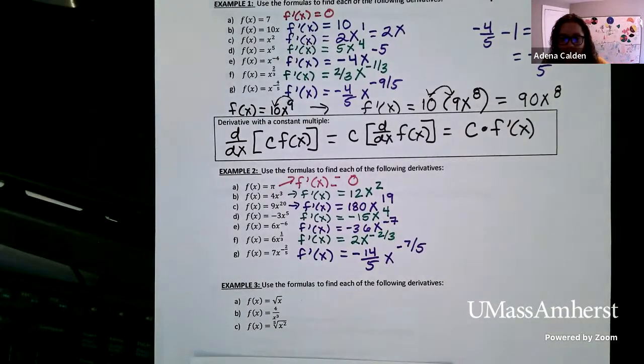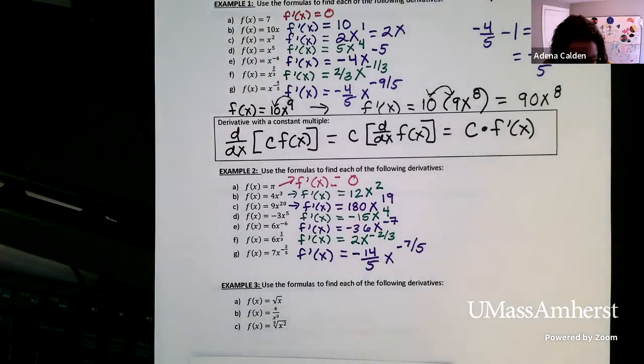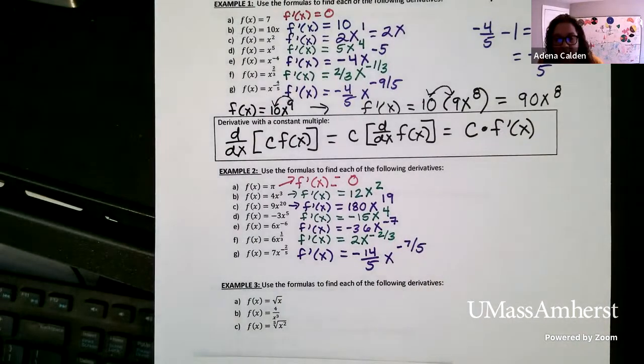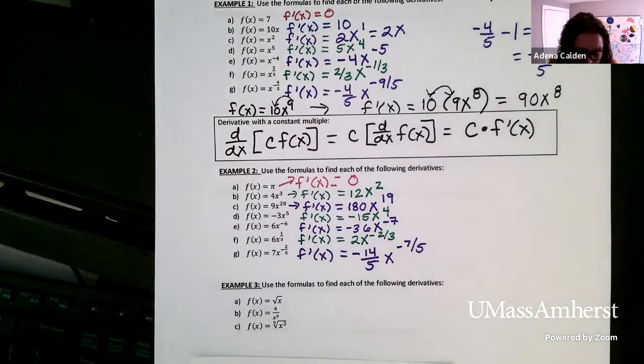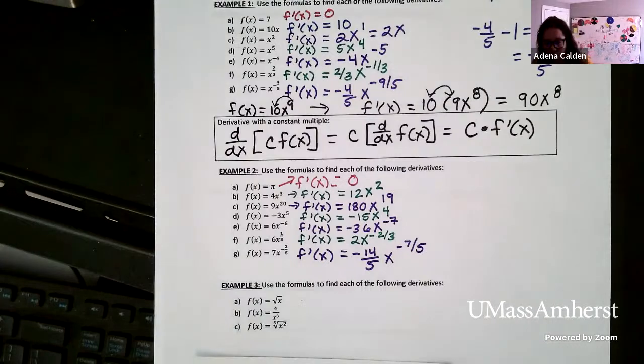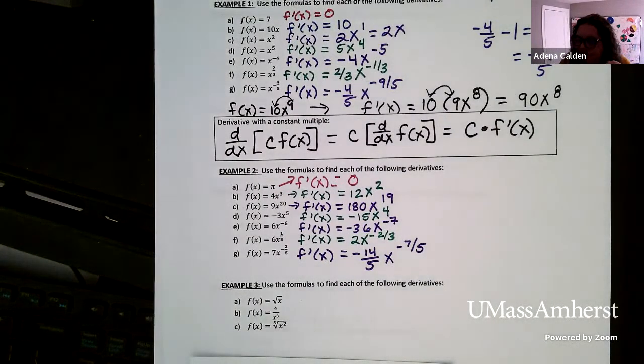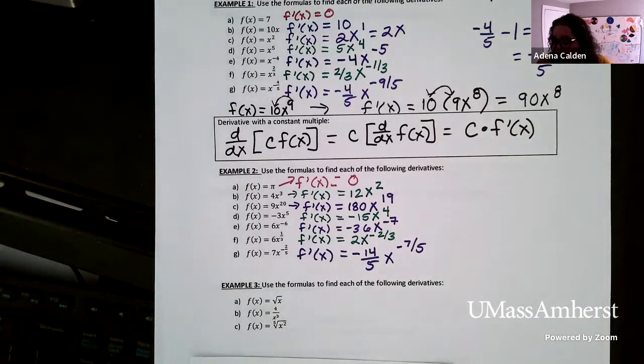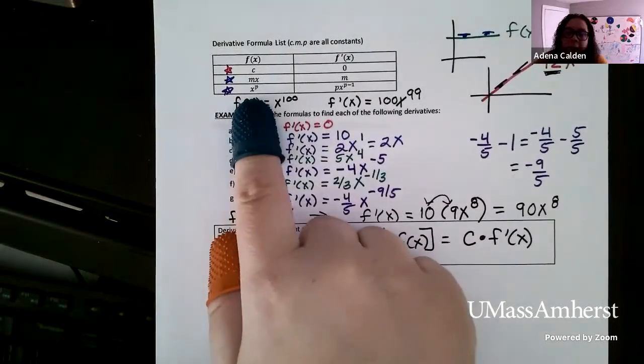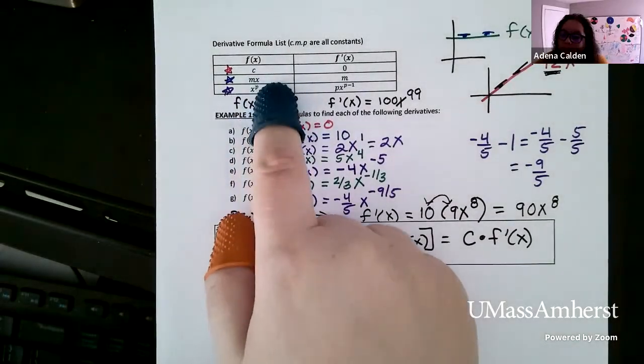So here we have the square root of x, right? And then we have 4 over x cubed. And then we have the 5th root of x squared. And so for all 3 of these functions, they need to be rewritten first algebraically into a form that is x to the p, so x raised to some number.